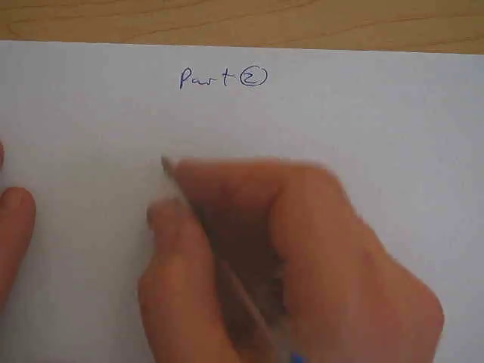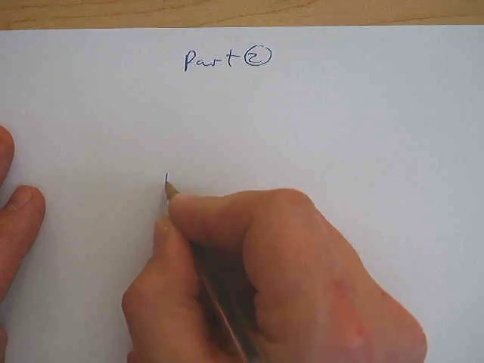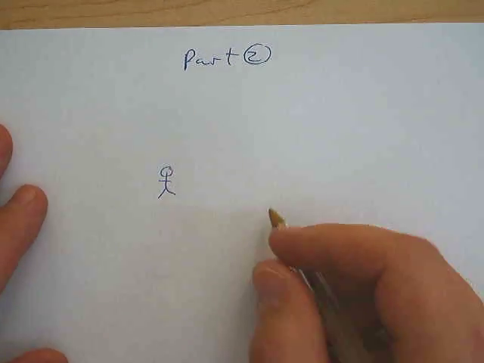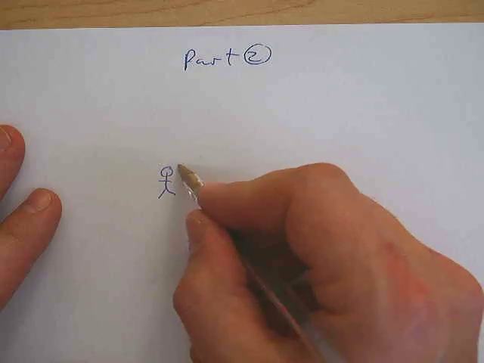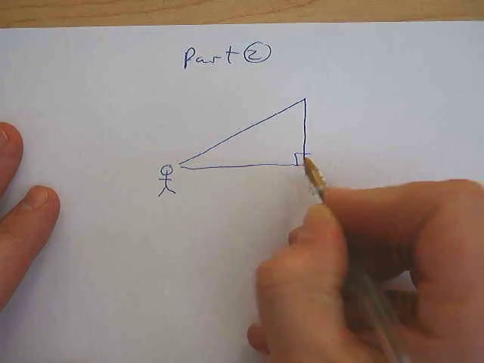Okay. The next question is going to be, let's say we have someone looking up at an object, and they're surveying something. Surveyors look through things a lot.